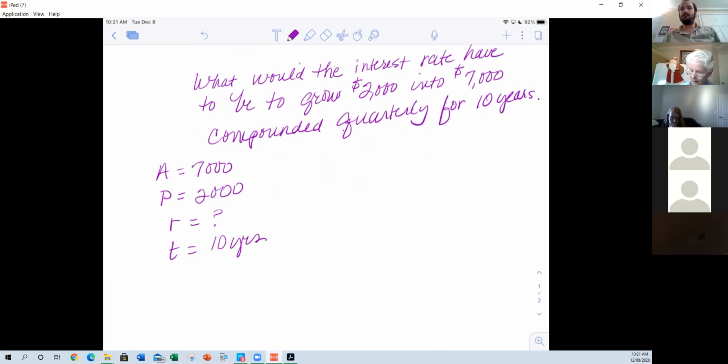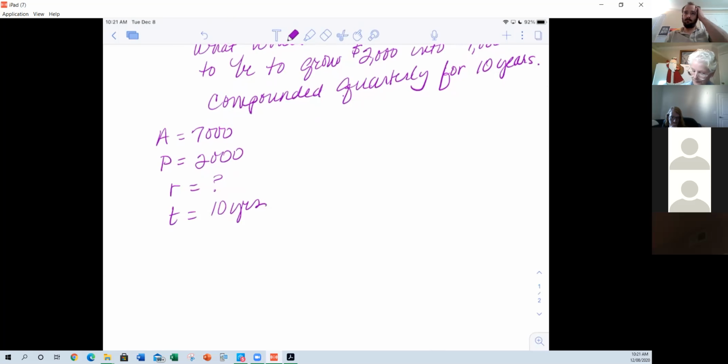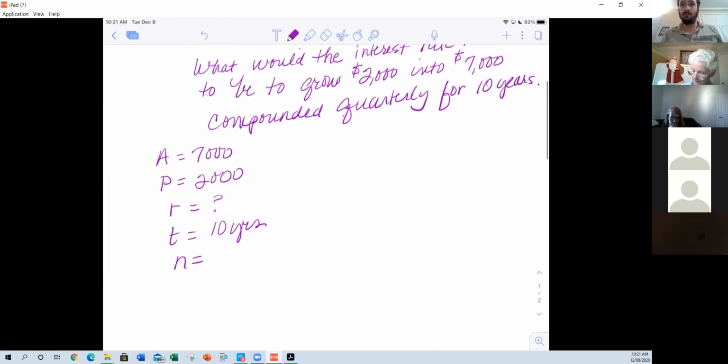And I know the number of times we're compounding is 4. So my formula is going to look like this: 7,000 equals 2,000 times 1 plus R, which we don't know, over N, which is 4, to the NT, 4 times 10. Is this what you're asking me?